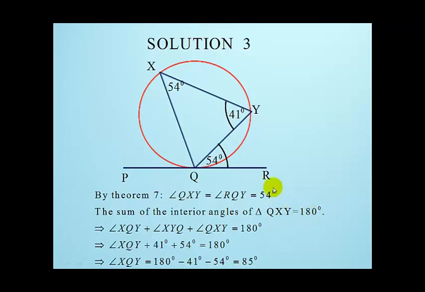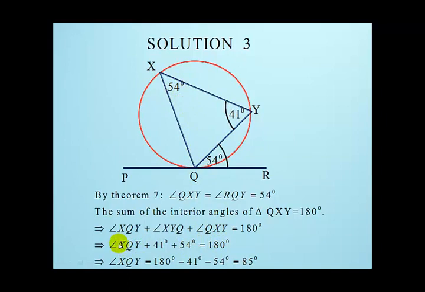And therefore, we have 54 degrees plus 41 degrees plus the angle at Q equals 180 degrees. So we have angle XQY, that's the angle at Q, plus angle XYQ, that is 41 degrees, plus angle QXY, that's 54 degrees, is equal to 180 degrees.